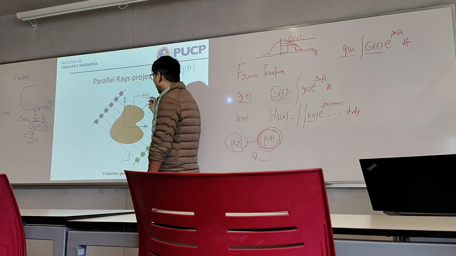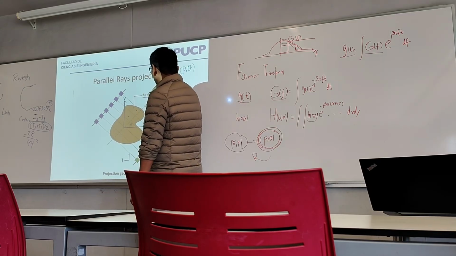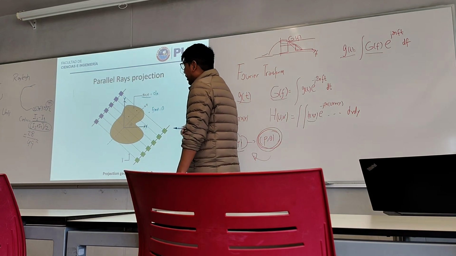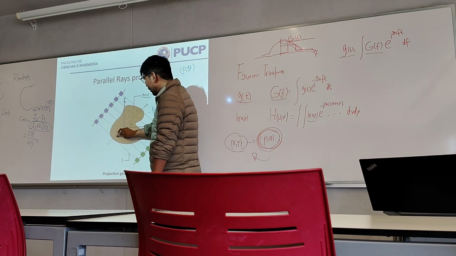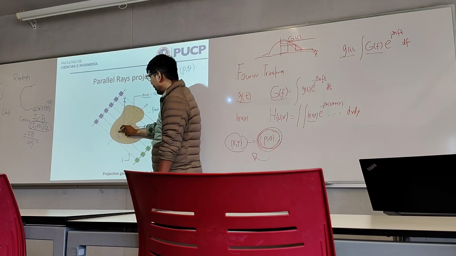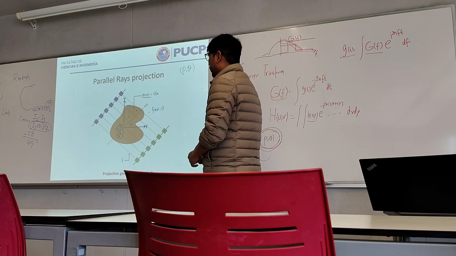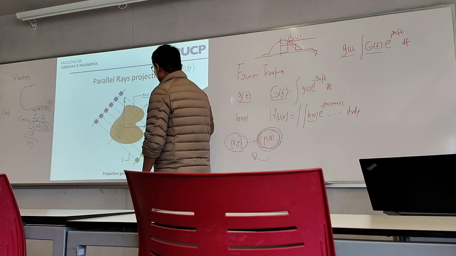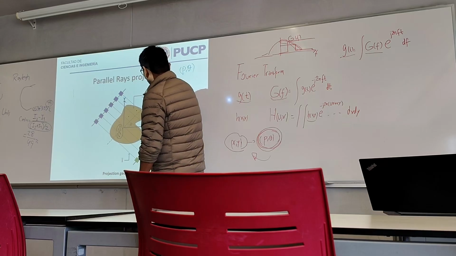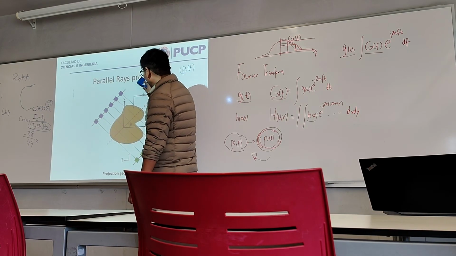This value doesn't need to be a constant C. It doesn't necessarily need to be the same for all of them. It could be that some region around here has more intensity, more f(x,y), or different values. Okay, so we have xy, we have f(x,y).